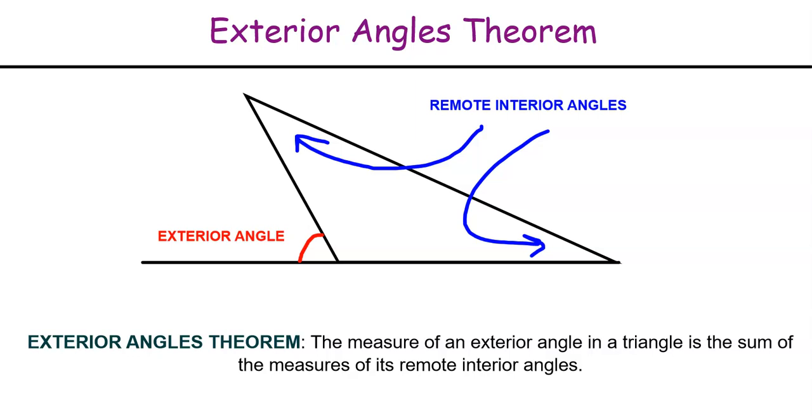Now, this has to do with the fact that both the interior angles and the exterior angle are related in some way to that angle that does not qualify as a remote interior angle in the triangle. So go ahead, pause the video, copy down the exterior angles theorem, and then once you have done that, you are ready to move on to the practice and be done with the video.